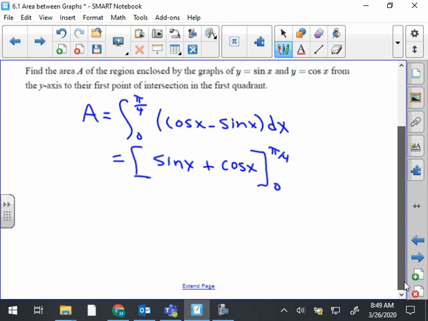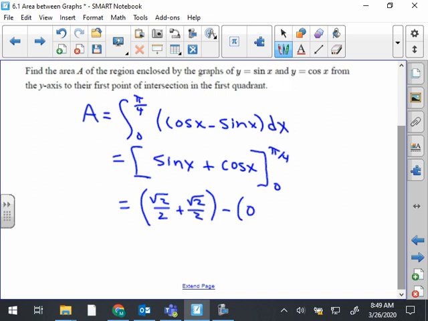So let's plug those in. When I plug in pi over 4, I would get the square root of 2 over 2. And then when I plug in pi over 4 there, I would get square root of 2 over 2. And then minus, when I plug in 0, I get 0.